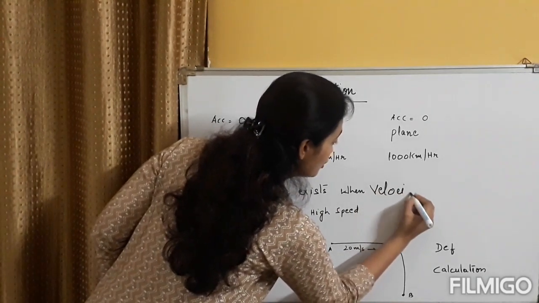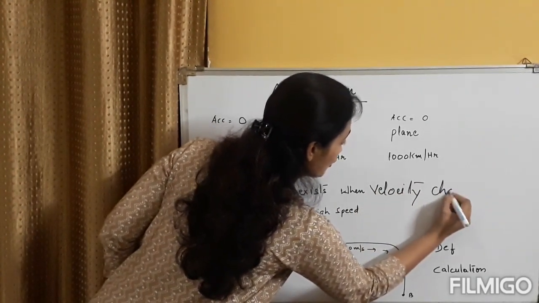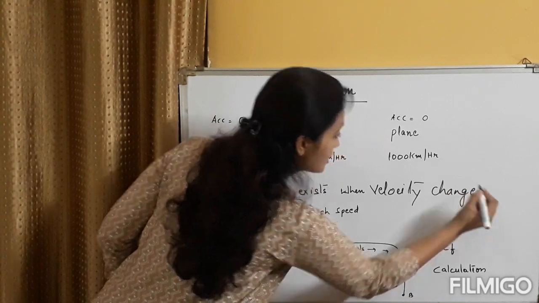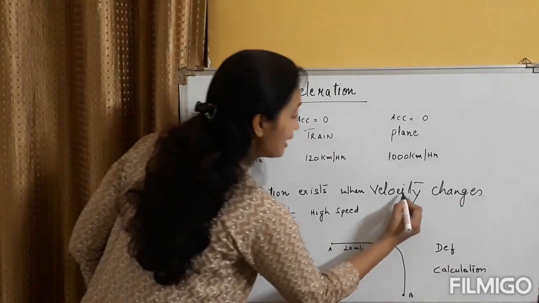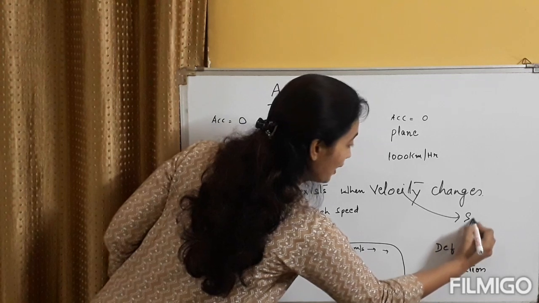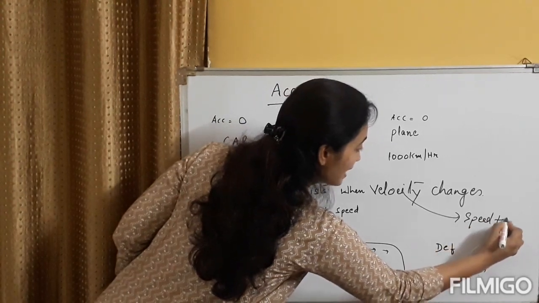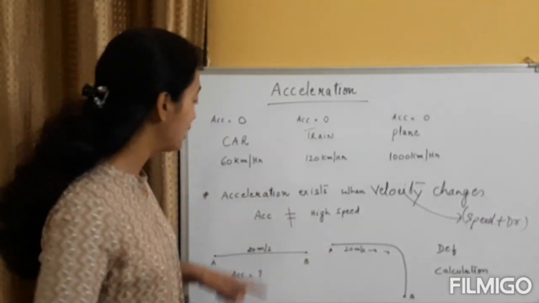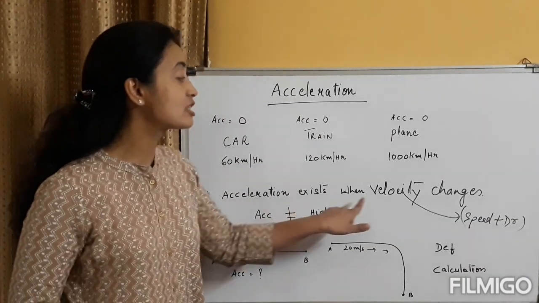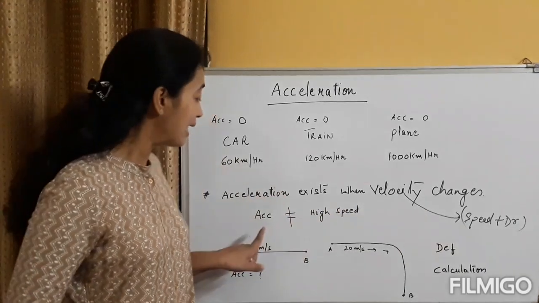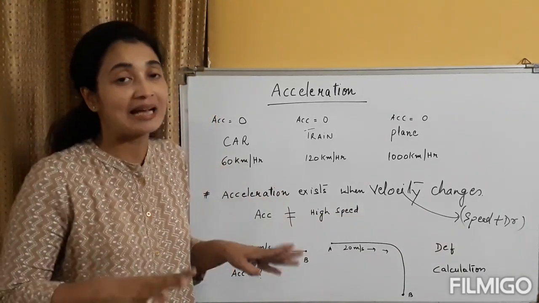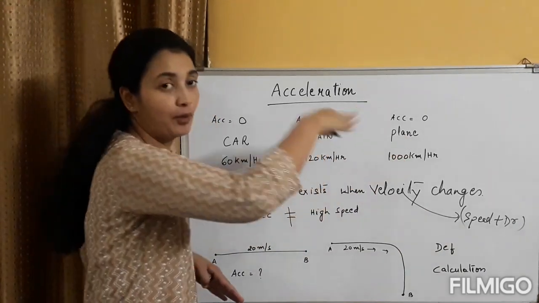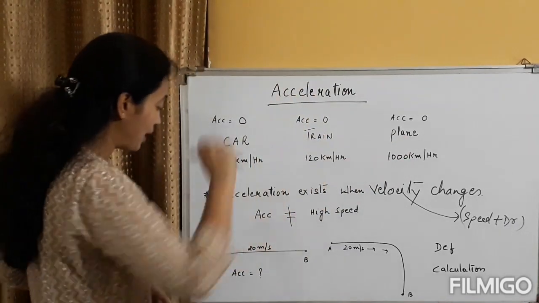Acceleration exists when velocity changes. Now what is velocity? It is nothing but speed plus direction. This is something we expect you to keep in mind. So acceleration exists when velocity changes, and acceleration is not exactly high speed. Even though we can talk about a high speed, still the acceleration may be 0.